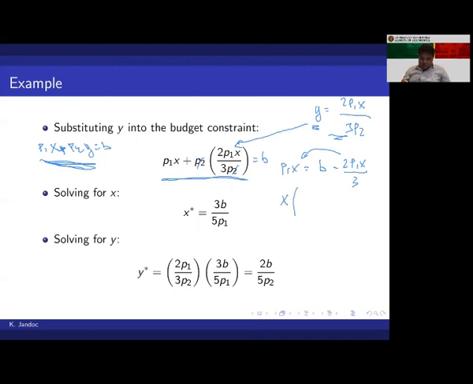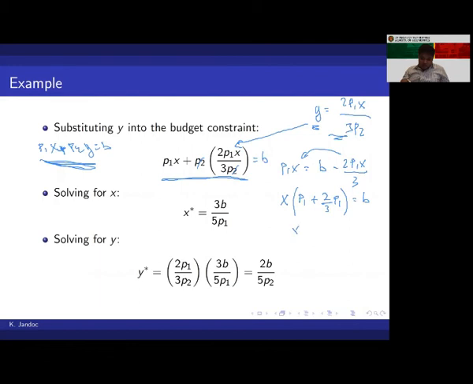So you have P1 plus 2/3 of P1. This is kind of convoluted, but bear with me.